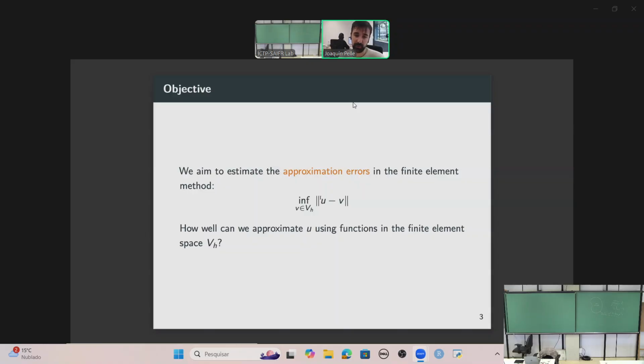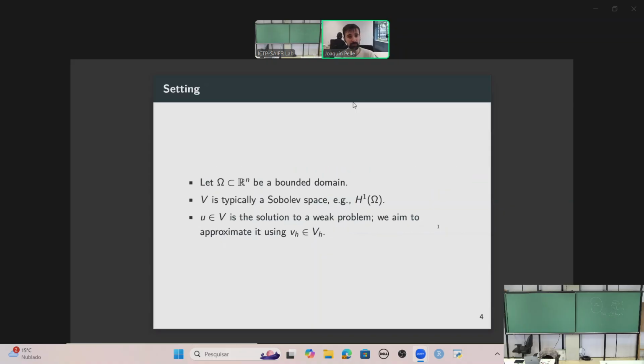And we want to approximate that function by functions that live in a much smaller finite dimensional space, which is our finite element space. And we want to see how close we can get by functions on that smaller space to the true solution of our problem. So the question is, how well can we approximate u using functions in the finite element space? That's the guiding question behind this theory.